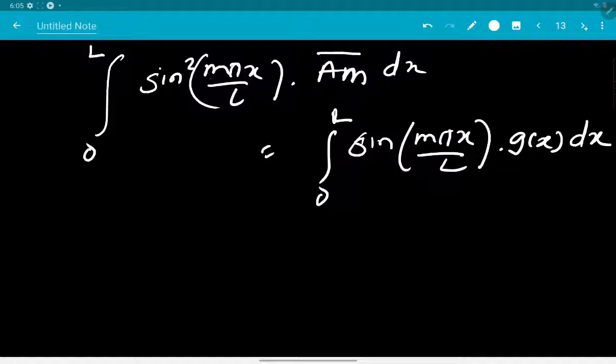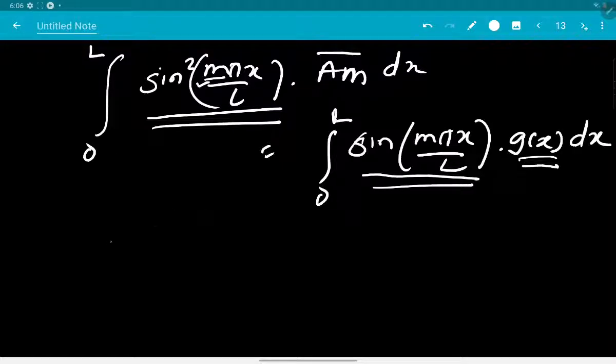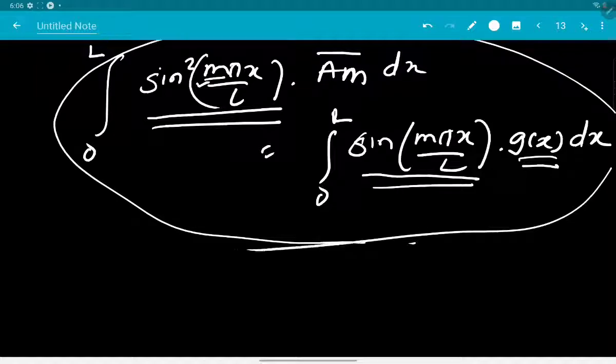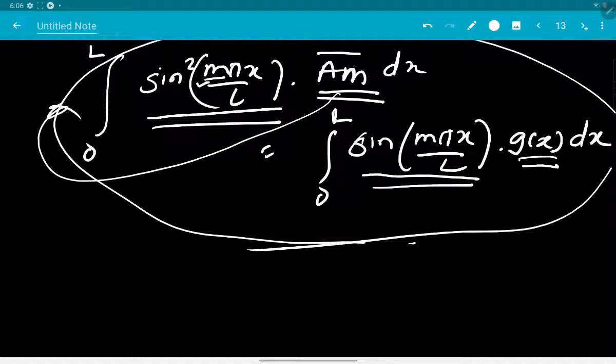Now you know the value of m, you are picking up the value of m, so you can carry out this integration and solve for a bar m, which doesn't depend on x and has to come out of the integration.